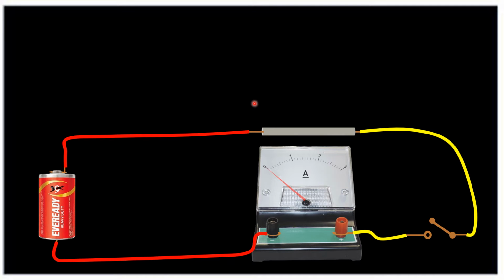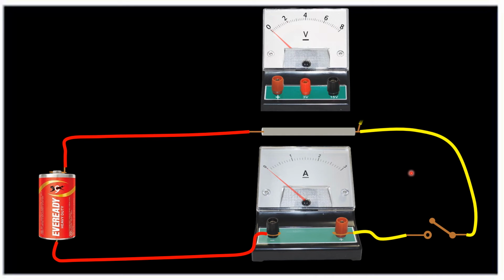So here I am connecting the voltmeter. The voltmeter has been connected parallel to this iron spoke. Ammeter is in series.